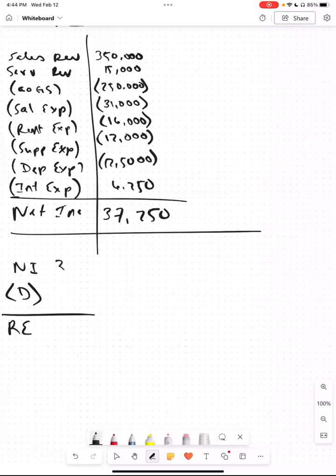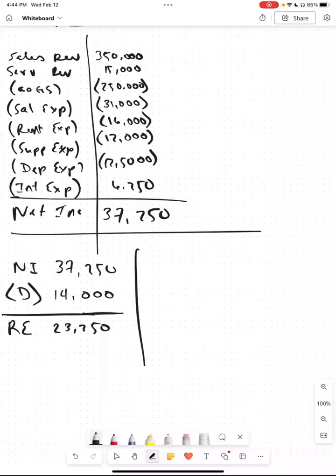So we take our net income, 37,250. We're going to reduce that by our dividends of 14,000. Okay. And you're getting all of this from your adjusted trial balance. You're just pulling them straight from your adjusted trial balance.